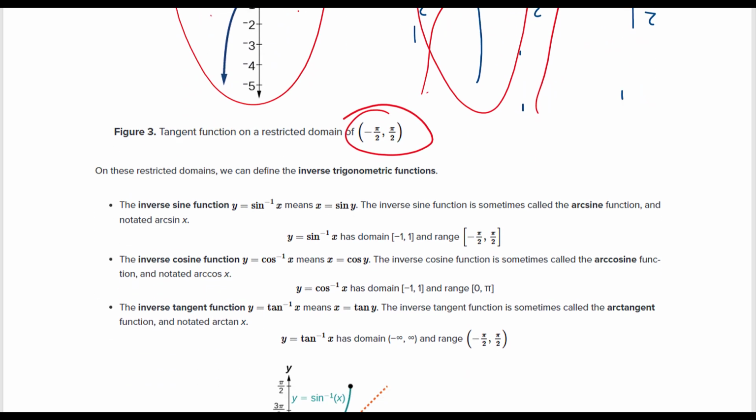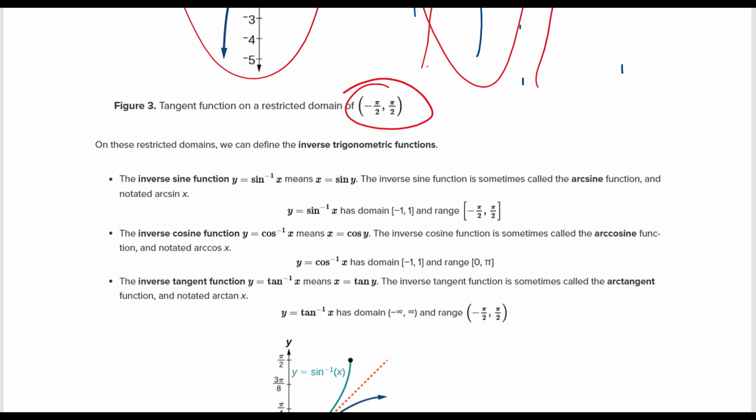So let me just go through these. In these restricted domains, we can define inverse trig functions the following way. Inverse sine function, y equals sine inverse of x, means x equals sine of y. So y is the angle. Sine of the angle gives you x. Sine inverse of that x value gives you the angle.